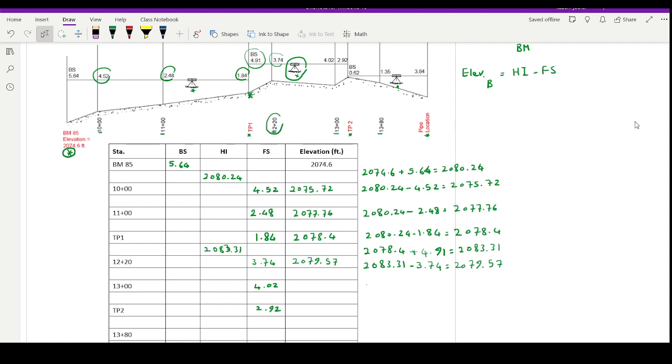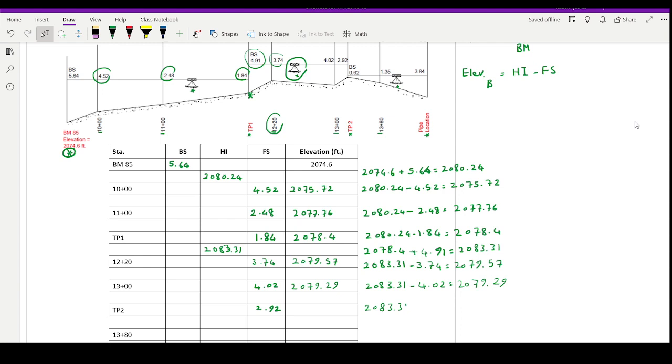Then the same height of instrument, 2083.31 minus 4.02, and that will give us 2079.29. So I write it in here, and I have to use the same height to calculate the last elevation.